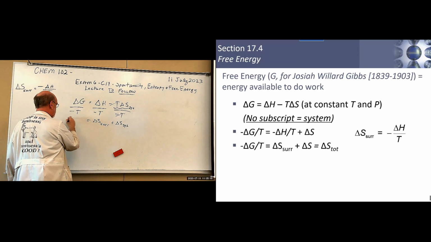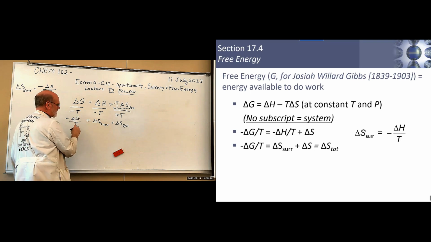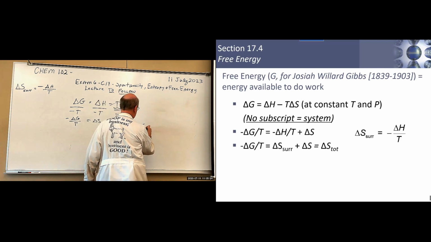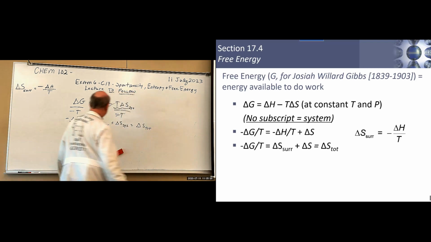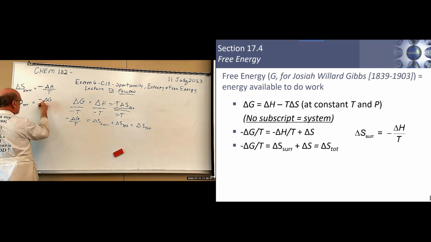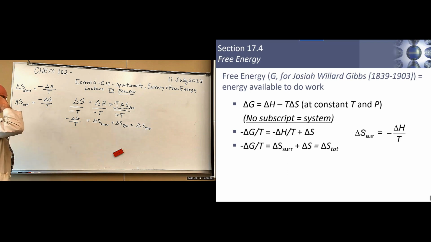Then negative delta G over T is equal to delta S total. So now we have another equation. The total entropy change is negative delta G over T.